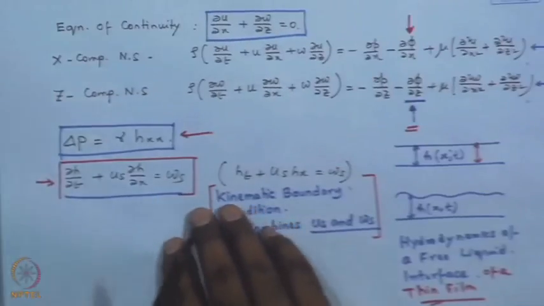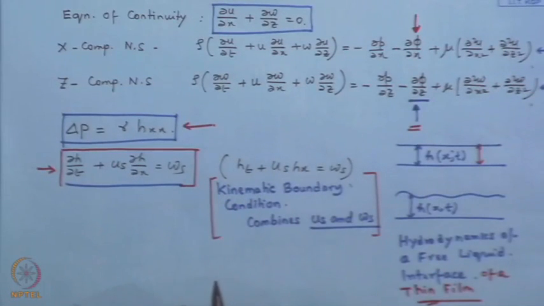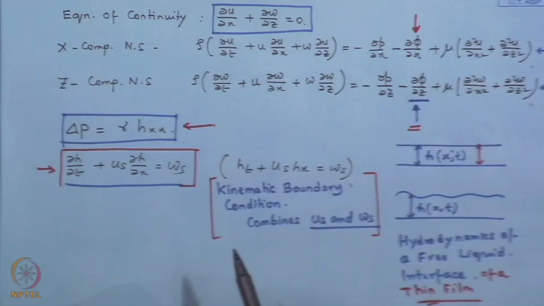So, we started off with the continuity equation and the x and z component Navier-Stokes equation, plugging in our concept of a fluctuating interface instead of a completely flat interface. And we also derived two classes before the kinematic boundary condition, which takes care of the surface fluctuations or non-zero interfacial velocities.